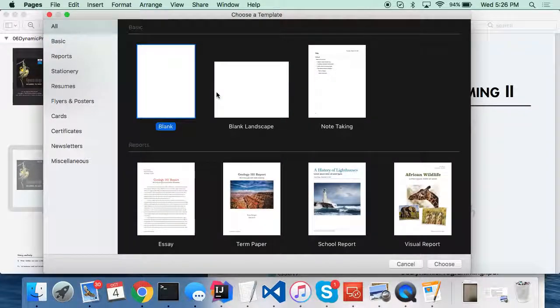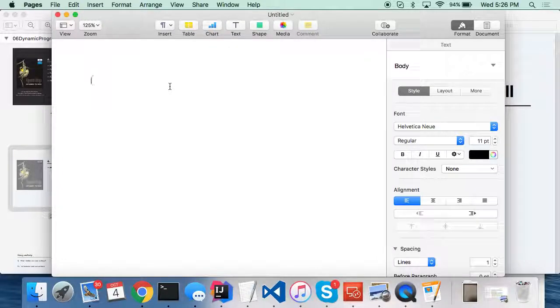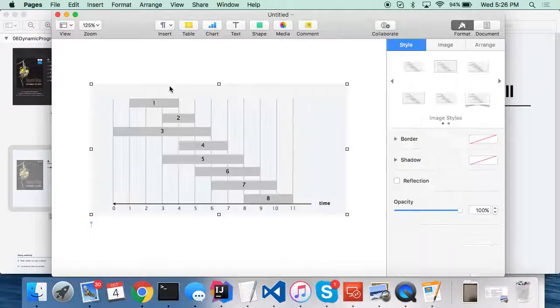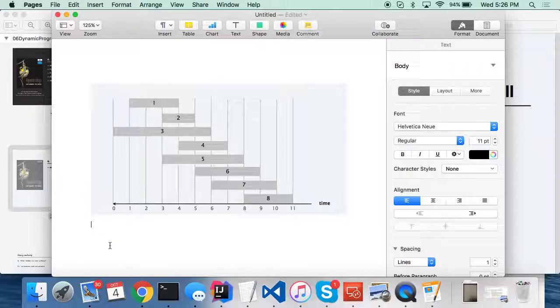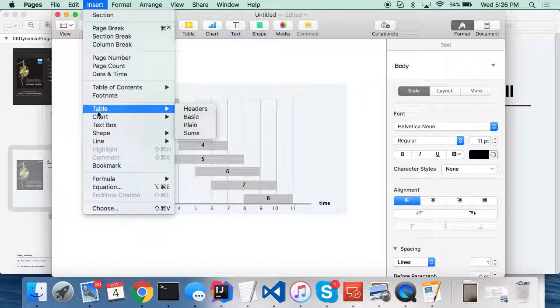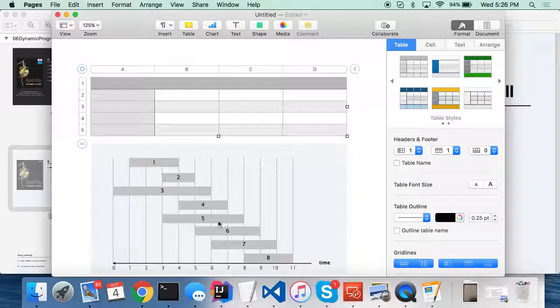And maybe I can figure out how to create a table. So we have this, and now we are going to insert a table with headers. Oh, beautiful.